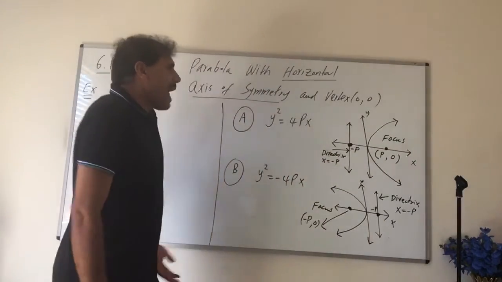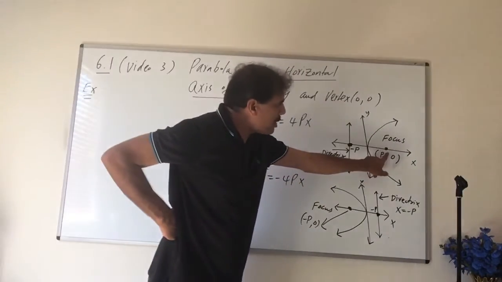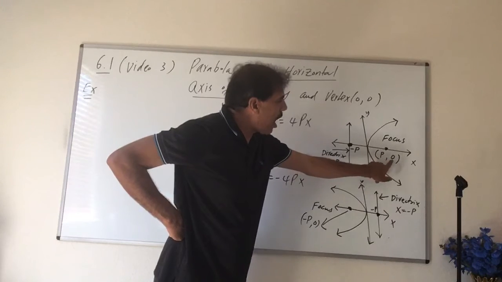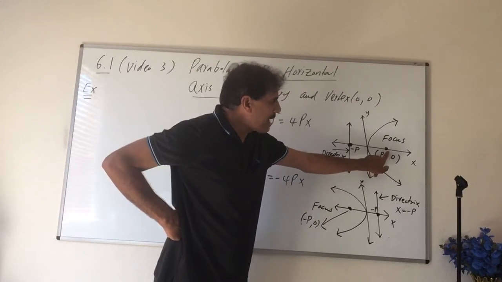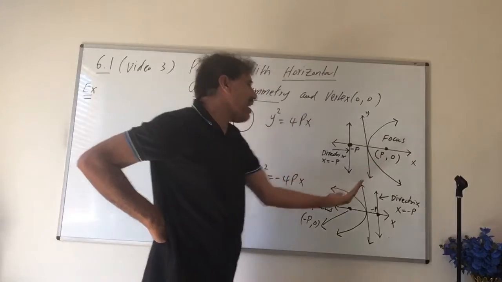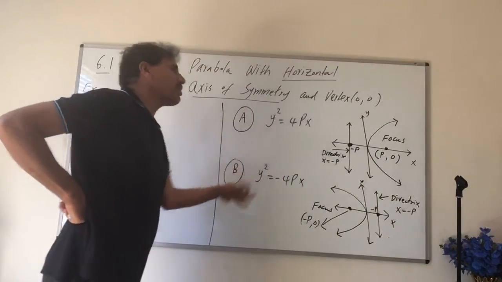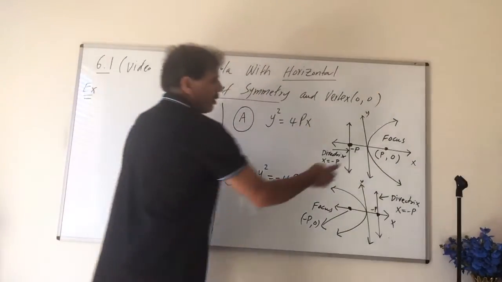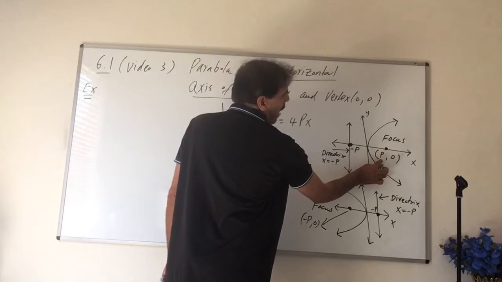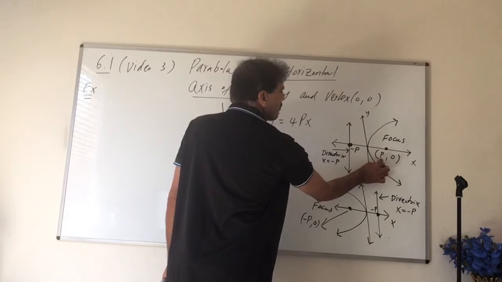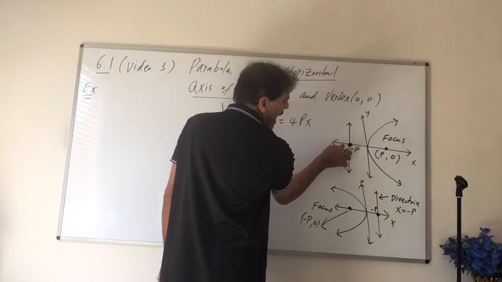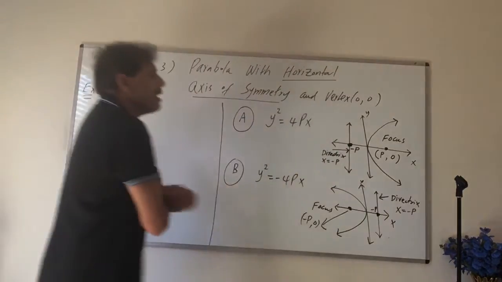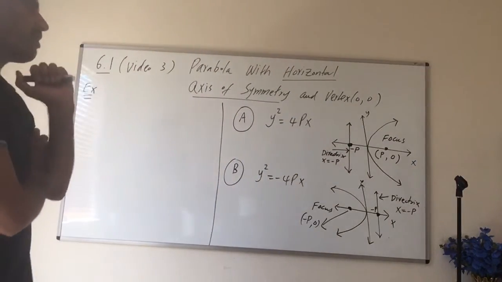Remember the x-intercept, the x here must be first, so p comma 0, that's the focus. We're not using a, so we're sticking with the p, but the concept is the same. What is the opposite of this number p? This is x equals negative p. There is your directrix. Make sure to watch this one carefully first.